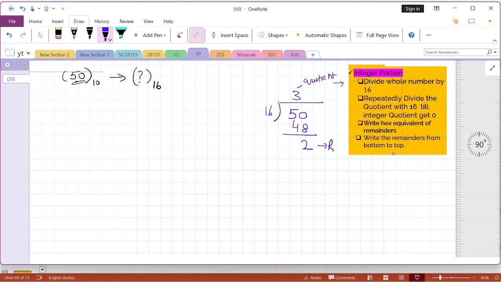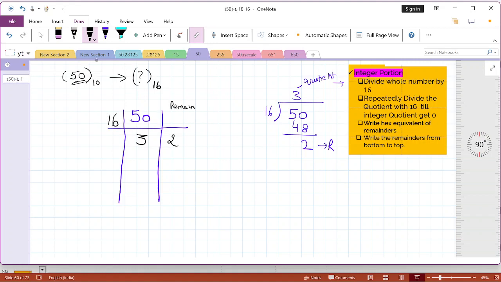Instead of writing so many division steps like this, we can arrange it like this. We will write the number over here, 50, and our divisor is 16. 16 into 3, we will write the quotient part over here and the remainder part over here. So this will accumulate all the remainders.